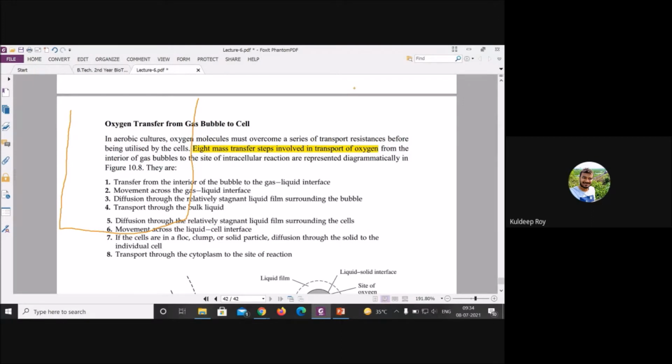Let me give a brief glimpse of that film theory. If this is your boundary, this is your liquid film, I'm writing L here, and this is the gas film. We were saying how we can determine and quantify diffusion from this region, the film around the surface or the body.